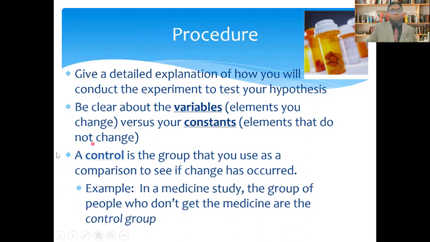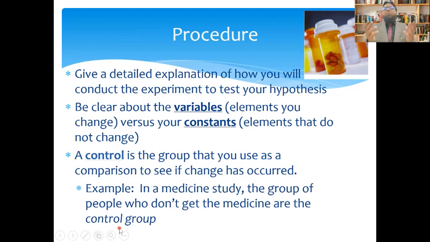A control is the group that you use as a comparison to see if a change has occurred. We also have to keep one type of sample in the experiment in which we do not see any change. That is the control. For example, in a medicine study, the group of people who do not get the medicine are the control group.